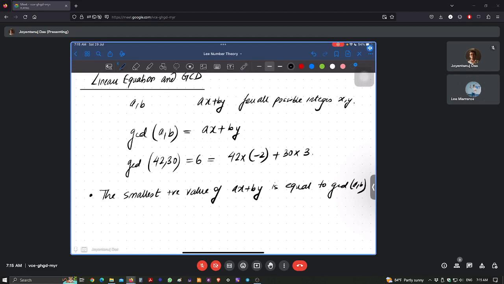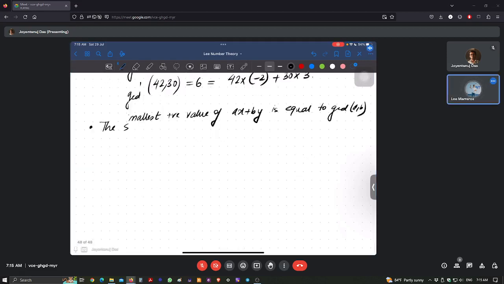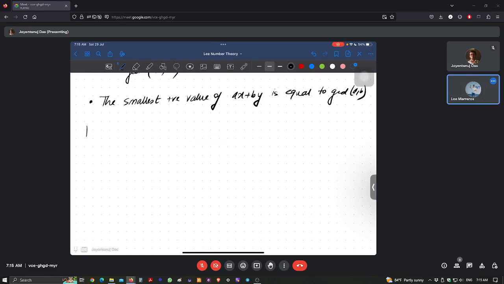So you can directly go to the theorem. The theorem is on page 42. It is called the linear equation theorem.